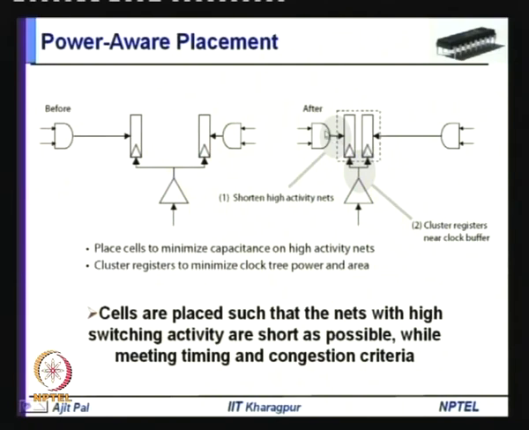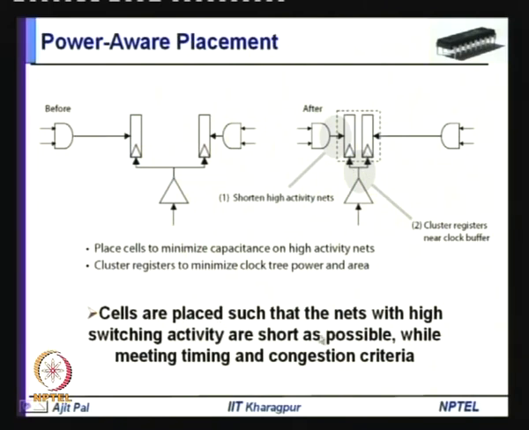So, in this particular case you are reducing the length of this particular net based on the switching activity, and here you are doing the clustering to reduce the capacitance, because you are driving with the help of a single clock driver. So, place cells to minimize capacitance on high activity nets and cluster registers to minimize clock tree power and area. So, here the area and power will be minimized.